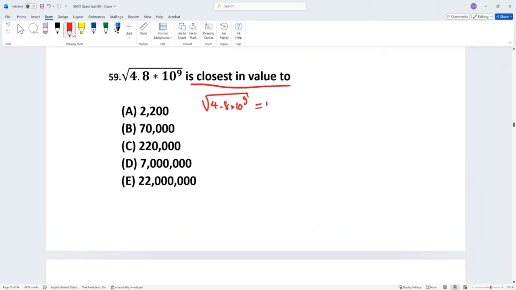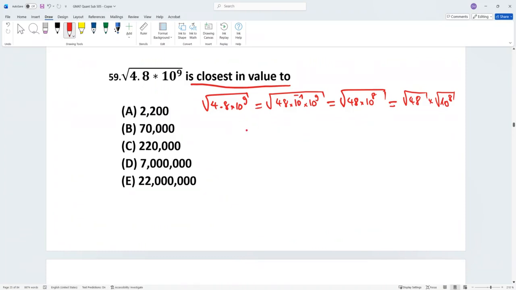This is actually equal to the square root of 48 times 10 to the power minus 1 times 10 to the power 9, and it's actually equal to the square root of 48 times 10 to the power 8, because minus 1 plus 9 is 8. This will be equal to the square root of 48 times the square root of 10 to the power 8.